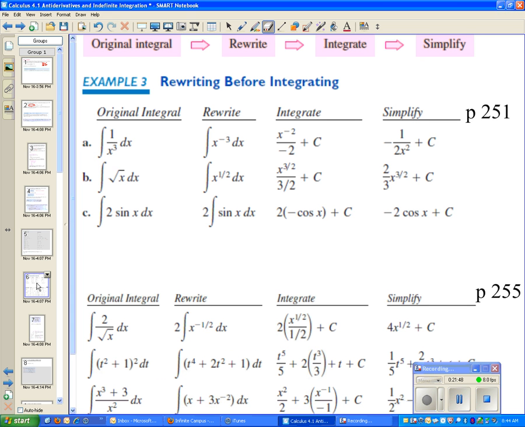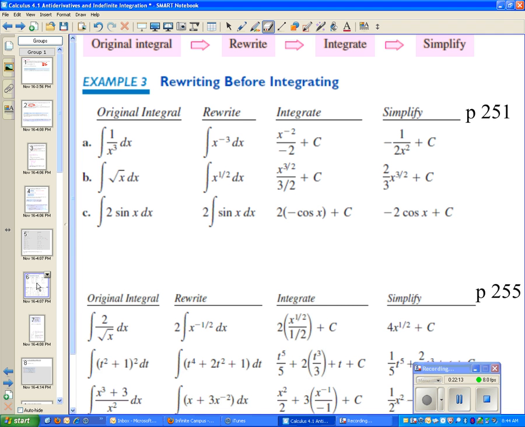All right. I need you to look at example 3 on page 251. Like we did with derivatives, especially when we first started and we only had one method and then a whole page of formulas, we've got the power rule for integration and then a page of formulas.